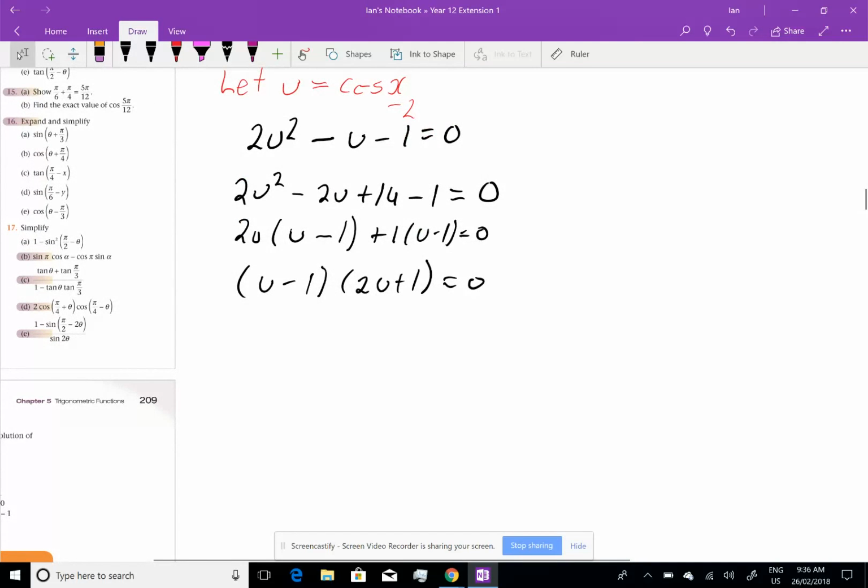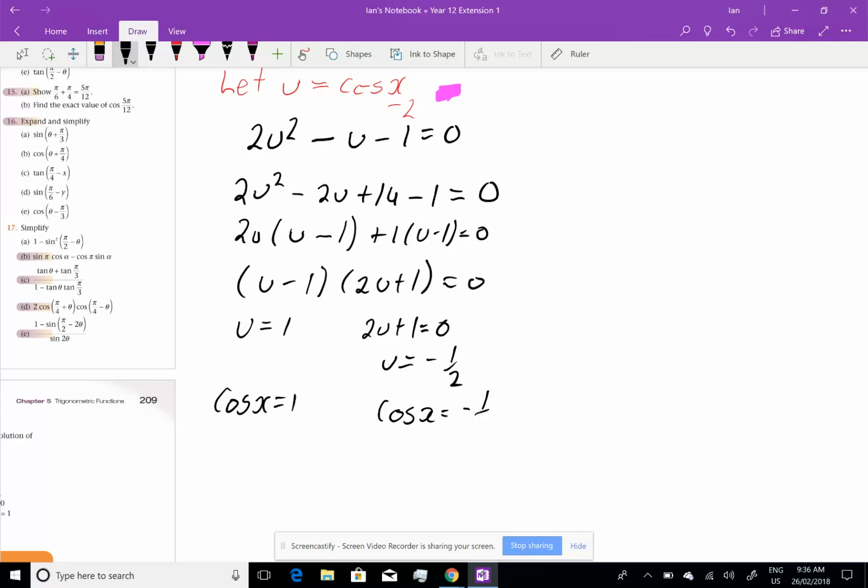So that means u equals 1, or 2u plus 1 equals 0, which means u equals negative a half. Let's put back what we substituted, and that gives us cos x equals 1, or cos x equals minus a half.